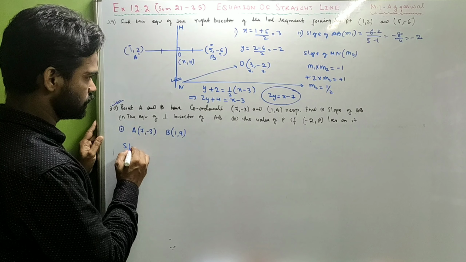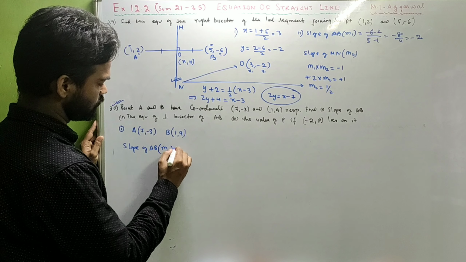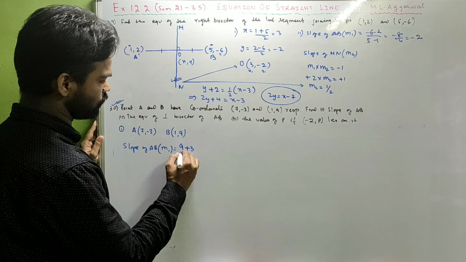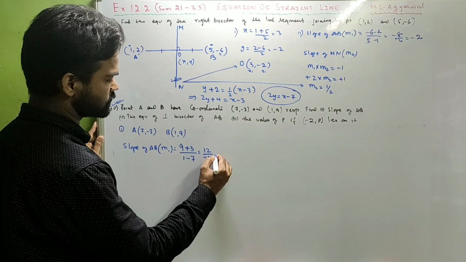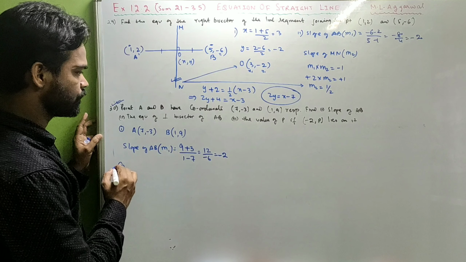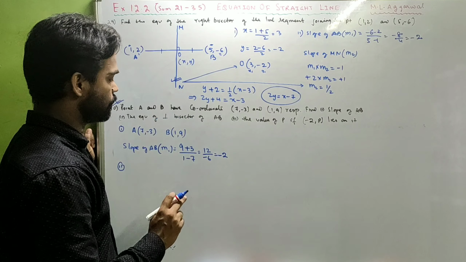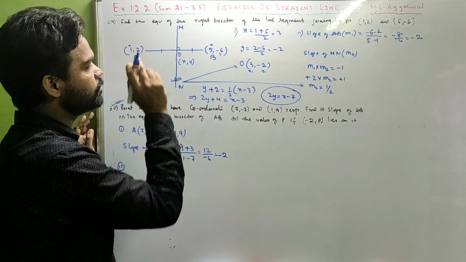So the slope of AB, suppose M1, is (y2 minus y1) over (x2 minus x1), that's 12 by minus 6, that's minus 2. Then the first part is done. The equation of the perpendicular bisector of AB, same logic.